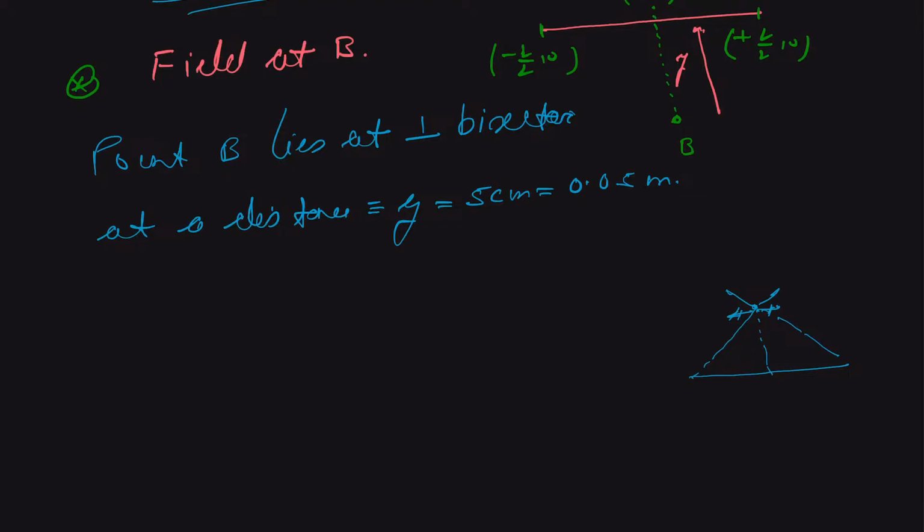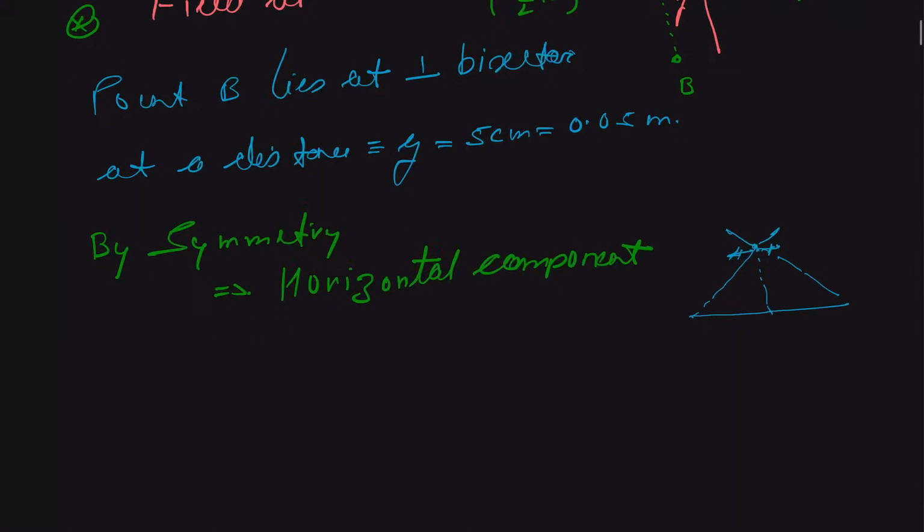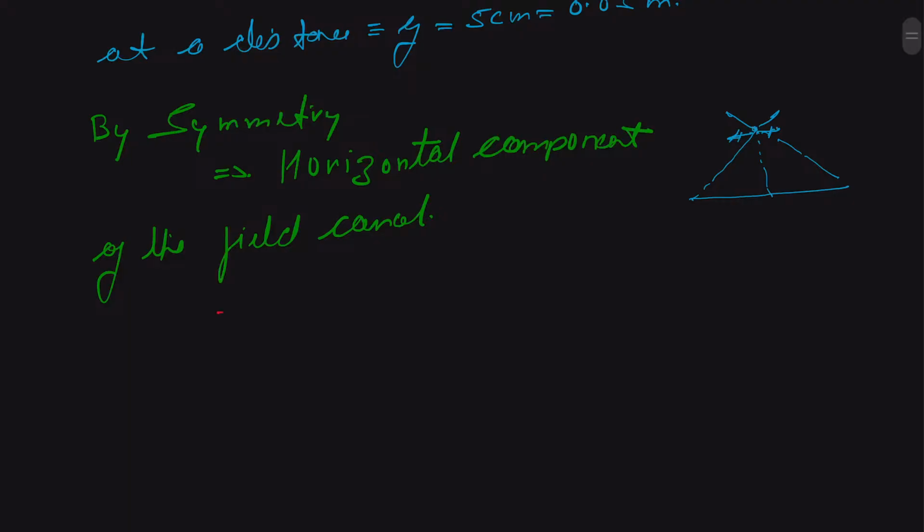So by symmetry, we can say that the horizontal component of the field cancels, and only the vertical component survives.